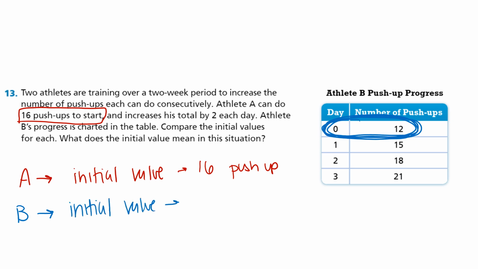And so that means that he can do 12 push-ups. When we're talking about the initial values, we're talking about the starting point. So when they start training, athlete A can do 16 push-ups and athlete B can do 12 push-ups.